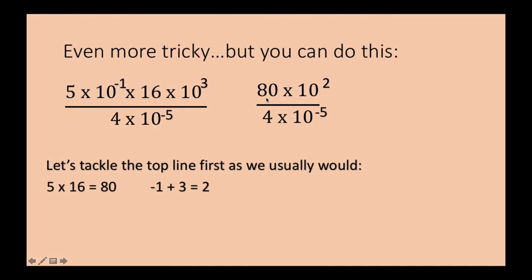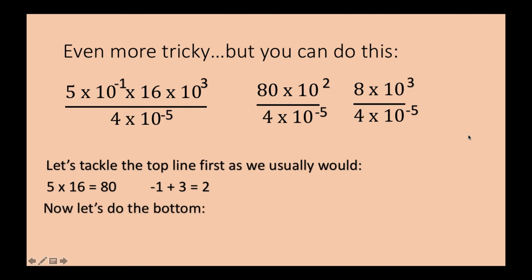But if you remember, this is not to be anything above 10. So let's change that. We change it to 8. We get rid of the 0 and we add 1 to our power. I've left the bottom line the same because we've not dealt with that yet. So we take off one of the numbers, we go back an extra space, which would just make 8, and then add 1 to the power.